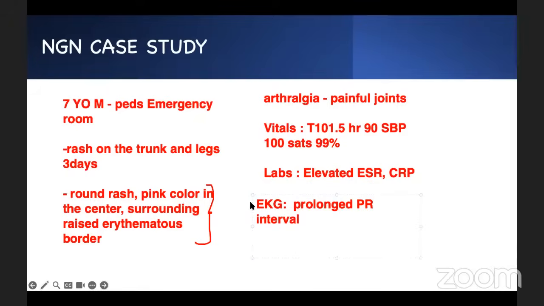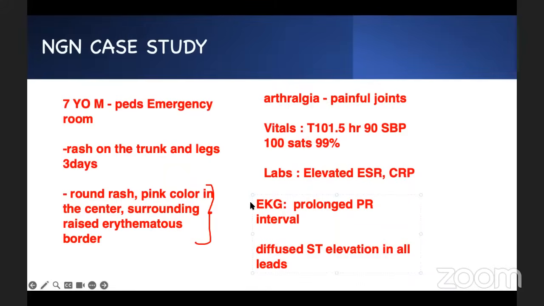And then you see a diffuse ST elevation in all leads. So a 7-year-old with a diffuse ST elevation in all leads.